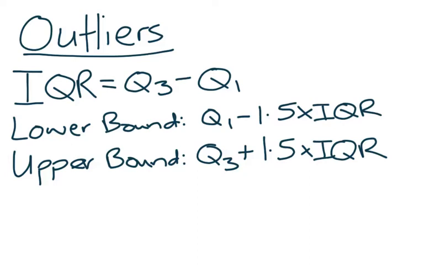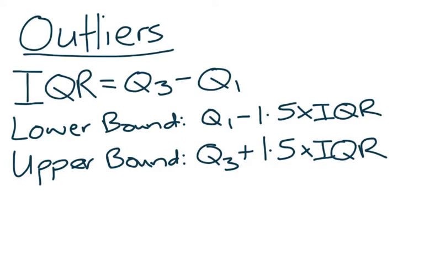Then to find the lower boundary and the upper boundary, anything lower than the lower boundary or higher than the upper boundary is considered an outlier. The lower boundary is quartile 1 take away 1.5 times the interquartile range, and the upper boundary is quartile 3 plus 1.5 times the interquartile range.